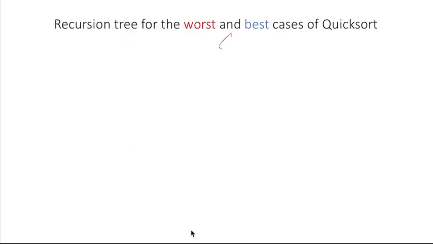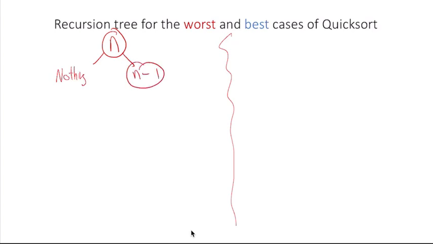So let's look at some recursion trees when we have the worst and best cases. So let's say we have n elements, and let's say we take the worst possible pivot of the minimum value. That means there's nothing to the left of the pivot, and n minus 1 elements to the right of the pivot. Let's say we get unlucky again and we pick the minimum now, so the second overall smallest.